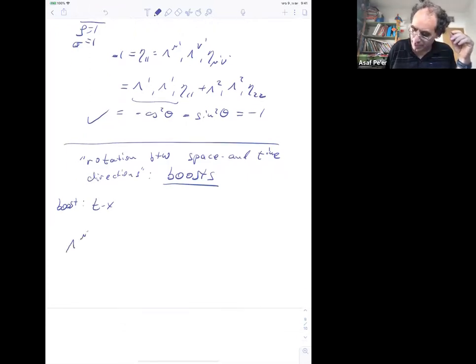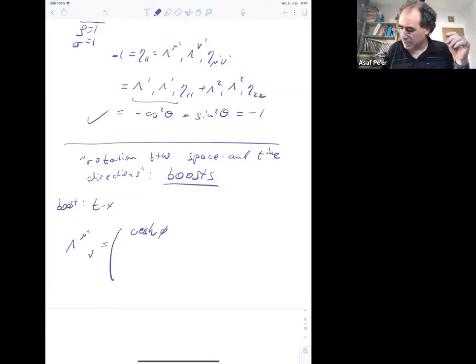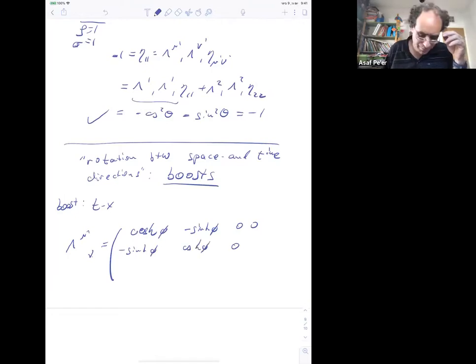Lambda mu prime nu is cosh phi, minus sinh phi, 0, 0, and then minus sinh phi, cosh phi, 0, 0, and the rest is just 0, 0, 1, 0, 0, 0, 0, 1.